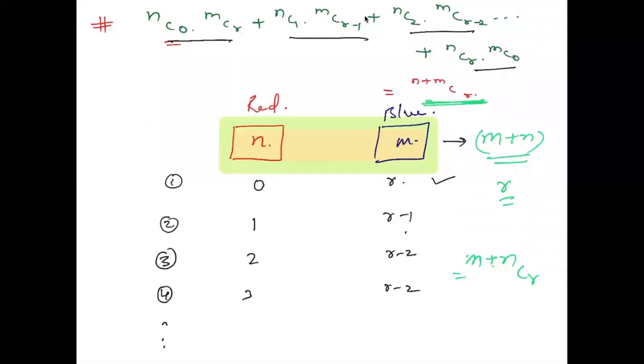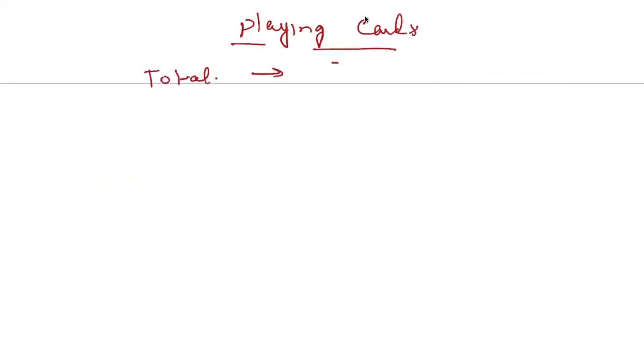Now, the second type of question for combination is called the playing cards question. We know that in playing cards, the total number of cards is 52.